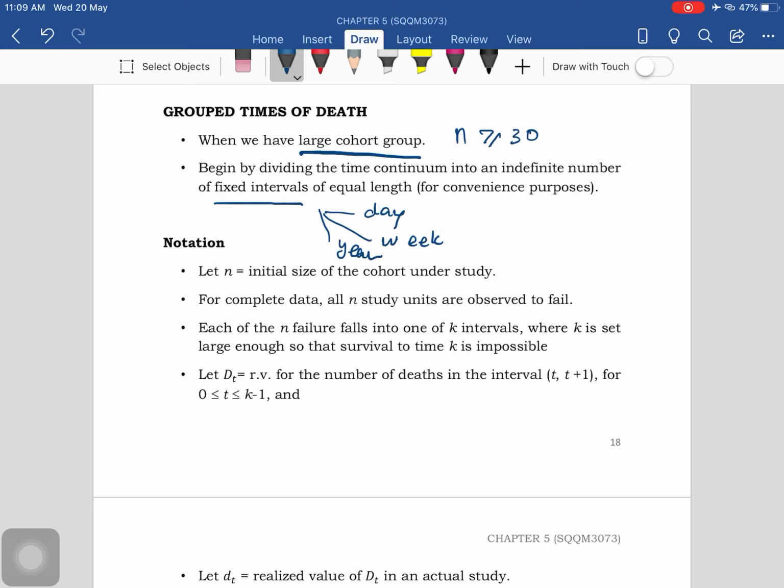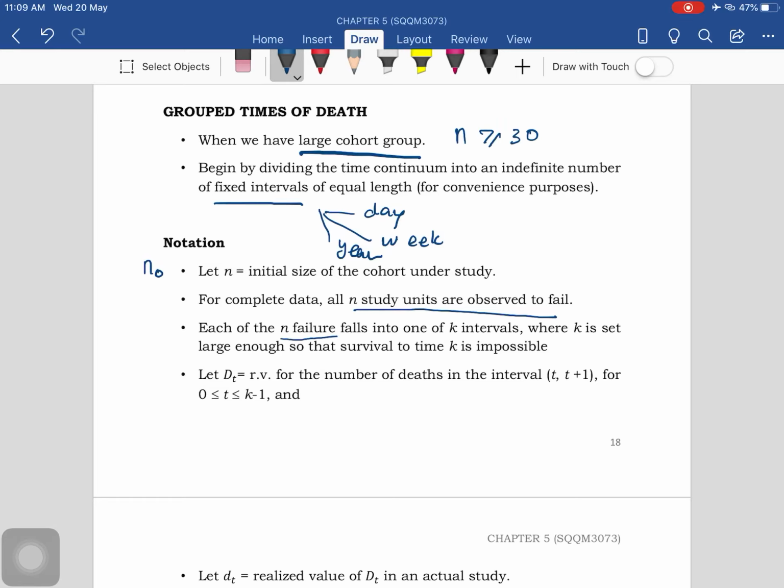Okay. Let N equal the initial size of the cohort under study, so we denote it as N naught. For complete data, all N study units are observed to fail. As long as the subjects still survive, the observation keeps going.